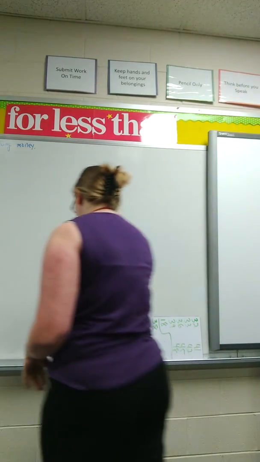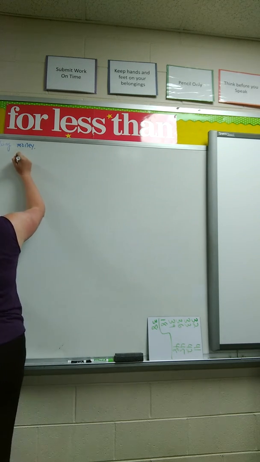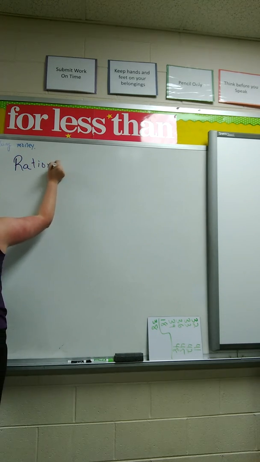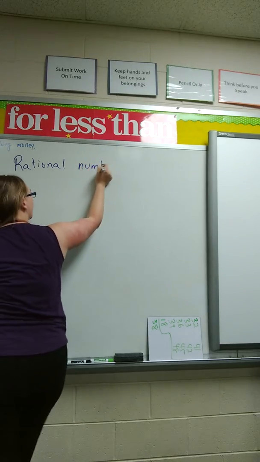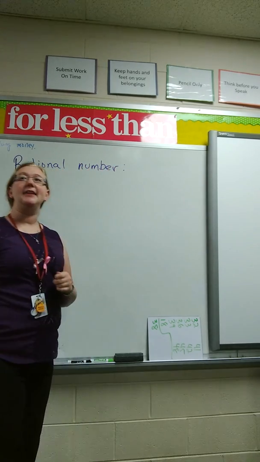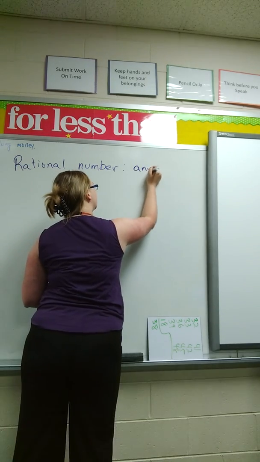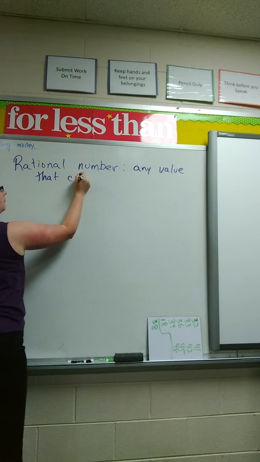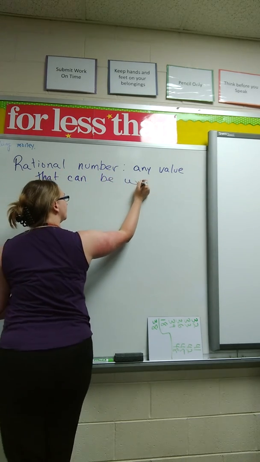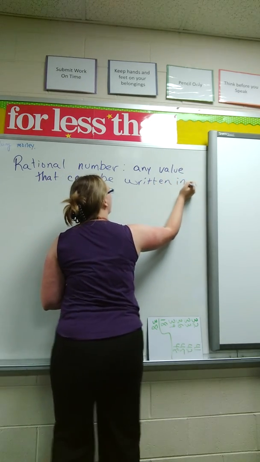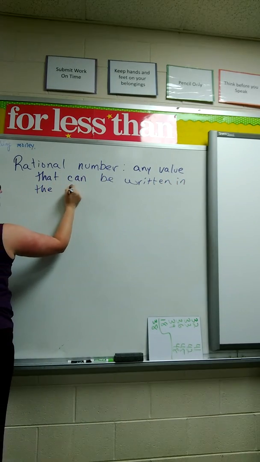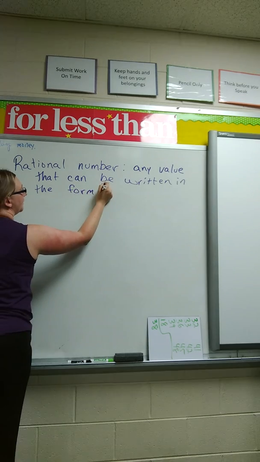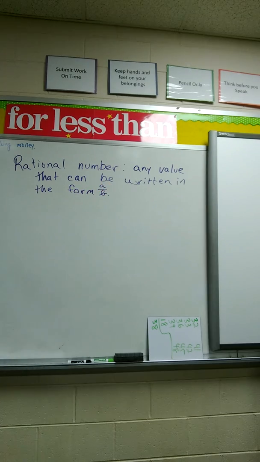A rational number is defined as any value that can be written in the form A over B. That means that if we can write it in the form of a fraction, then it is a rational number.